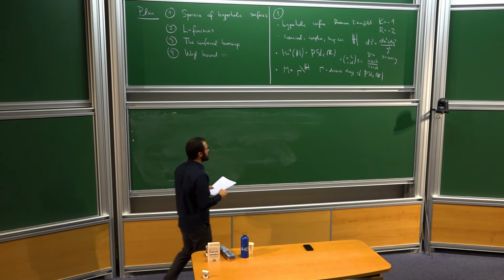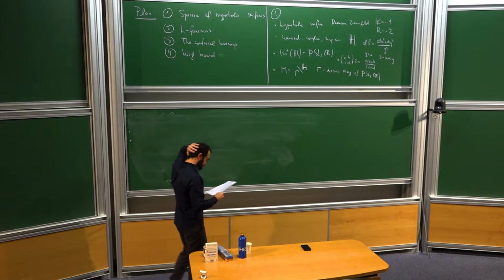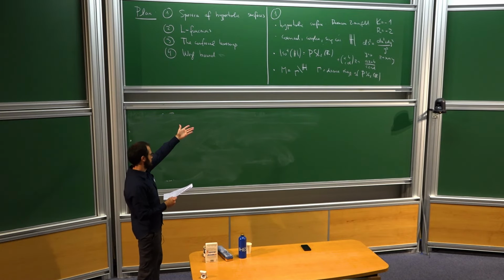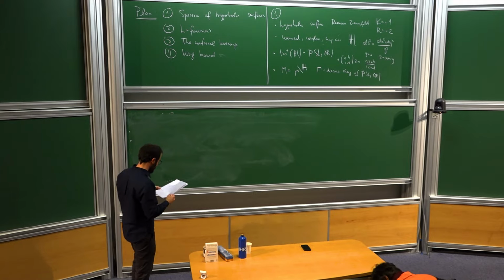Such groups are also known as Fuchsian groups. Gamma in that case is the fundamental group of the surface M.